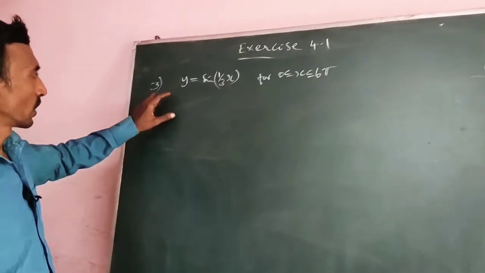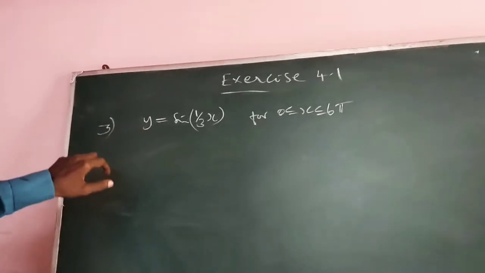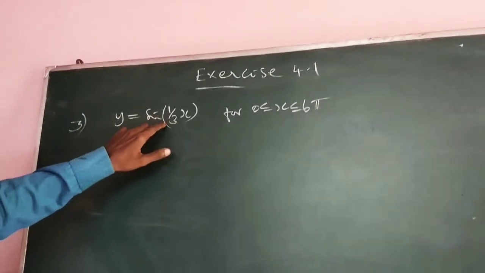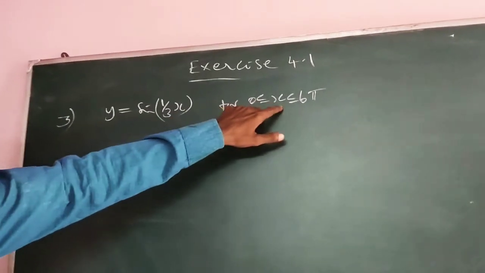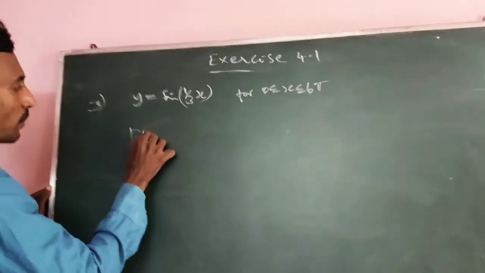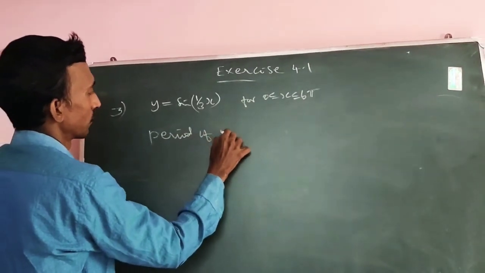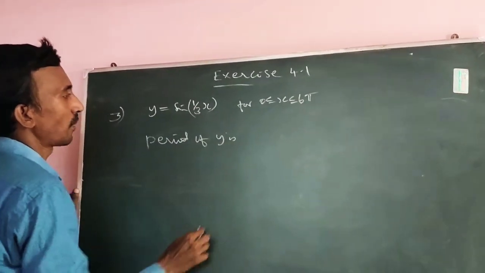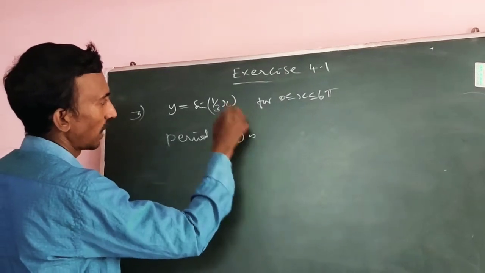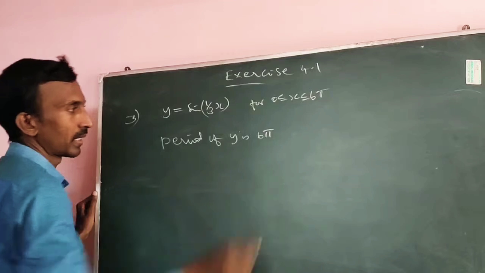So my dear students, look at question number 3 in exercise 4.1. Sketch the graph of the function y equal to sin of 1 by 3 x for 0 less than or equal to x less than or equal to 6 pi. The period of this function is 2 pi by 1 by 3, so it is 6 pi, so one period is given.